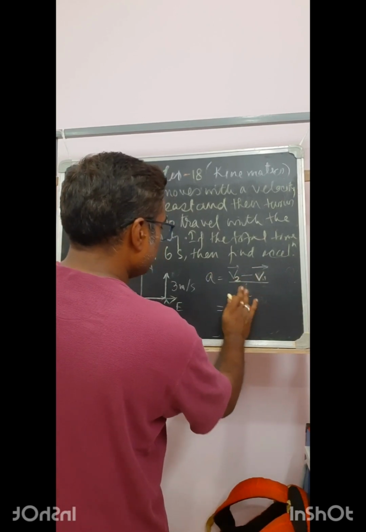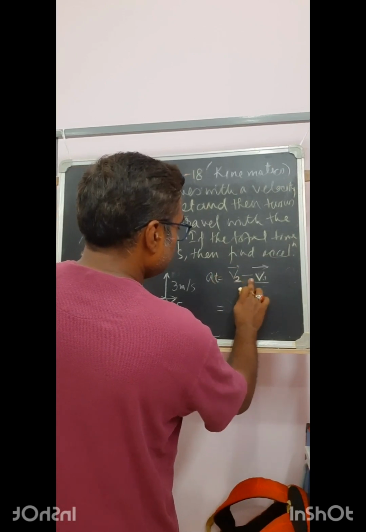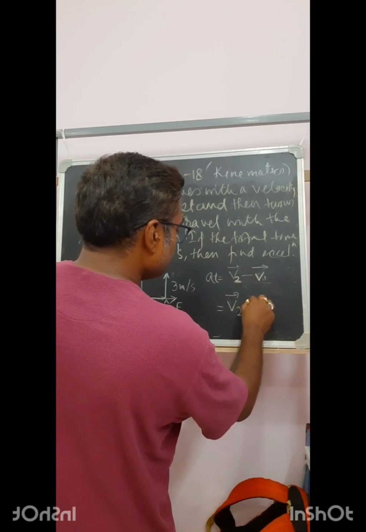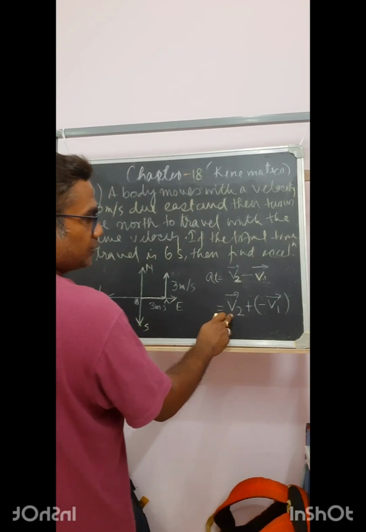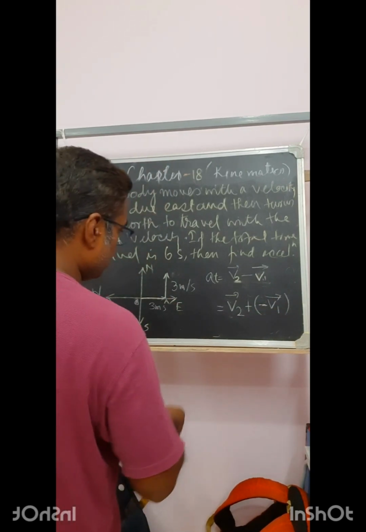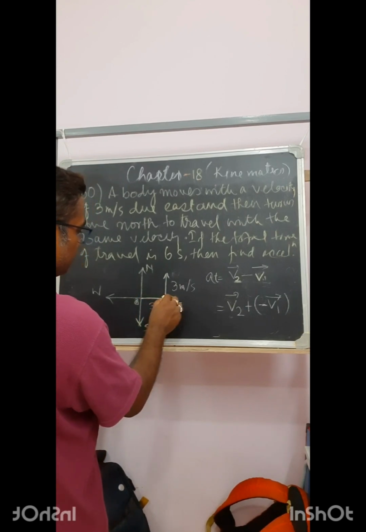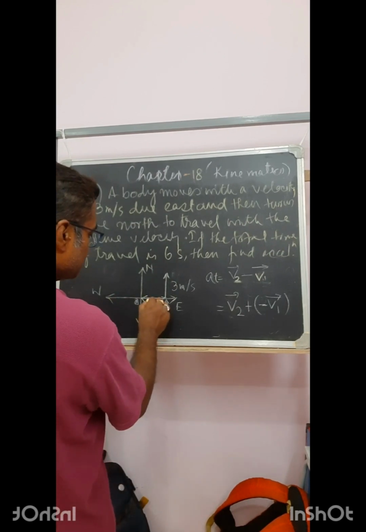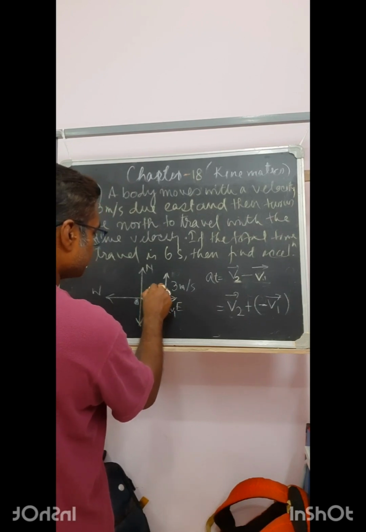So if I turn this into a into t, I only have to consider v2 minus v1. This can be written v2 plus of minus v1. So this is the addition of two vectors v2 and v1. This minus denotes the opposite direction. That means if v1 is the initial velocity, toward this, the equivalent velocity which is opposite will be minus v1.